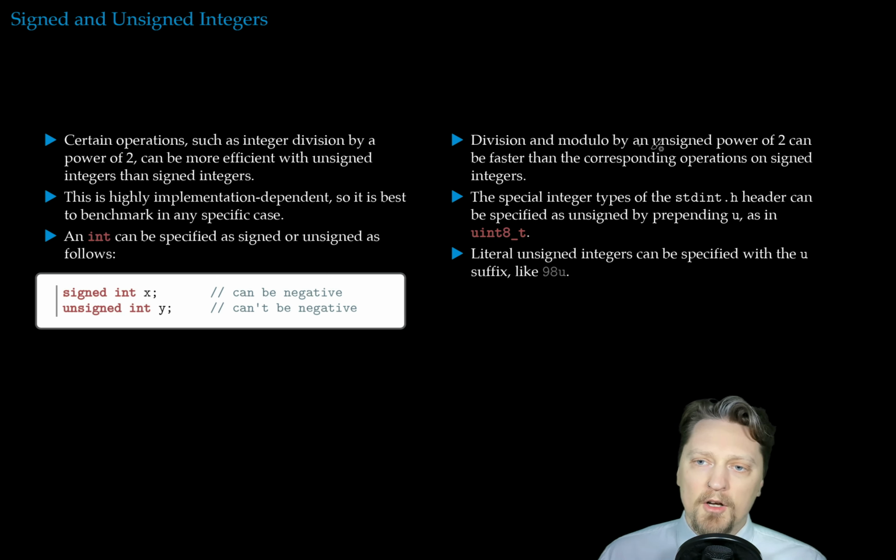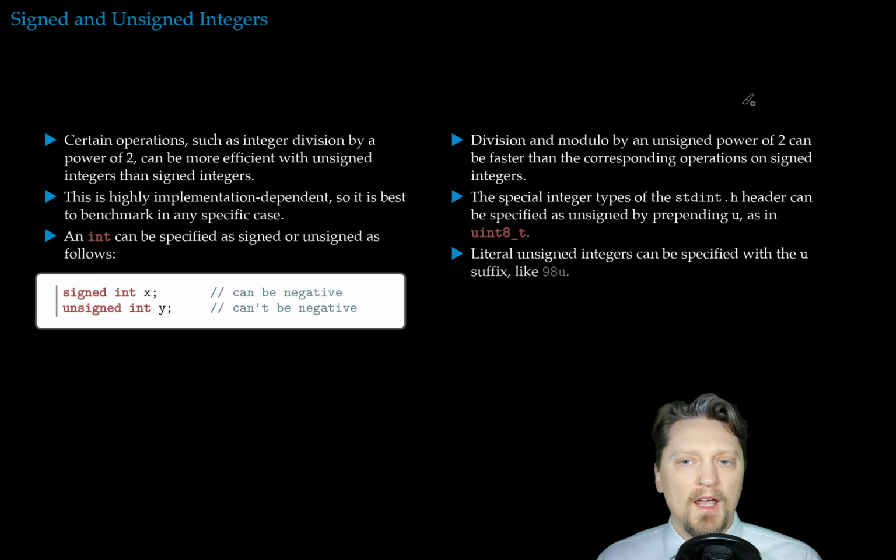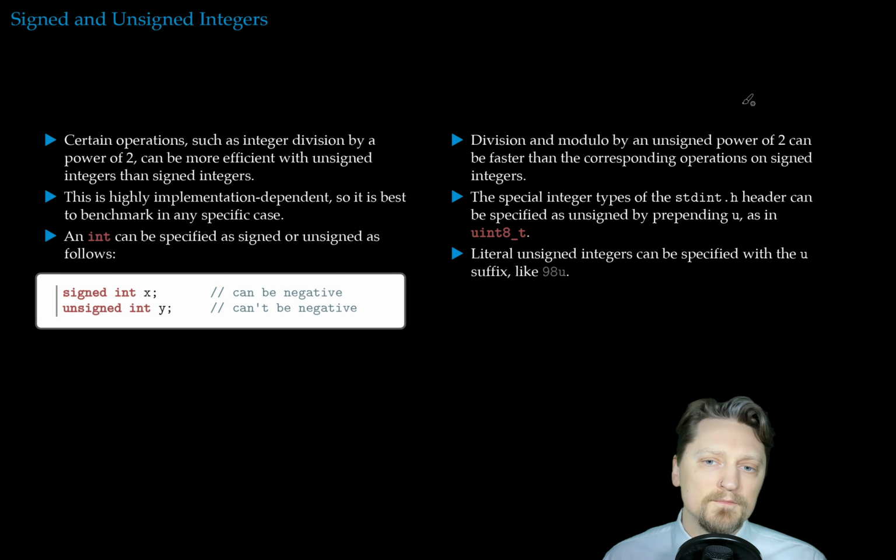Division and modulo by an unsigned power of 2 can be faster than the corresponding operations on signed integers. The special integer types of the stdint.h header can be specified as unsigned by prepending u, as in uint8_t. Literal unsigned integers can be specified with the u suffix, so 98u would be an unsigned integer 98.